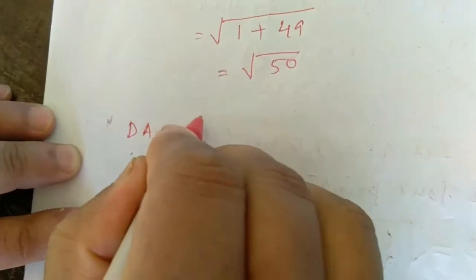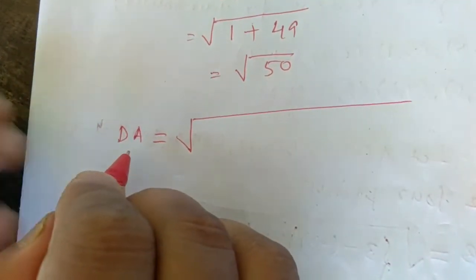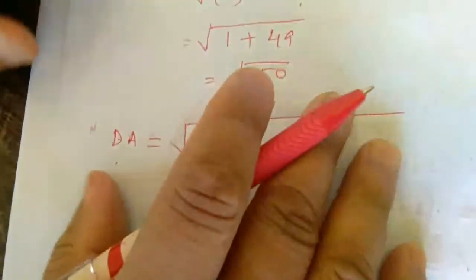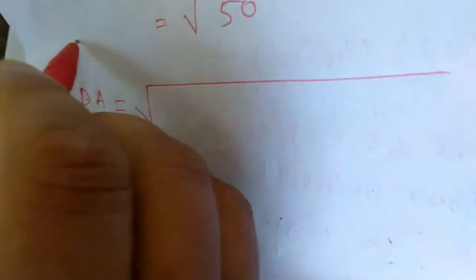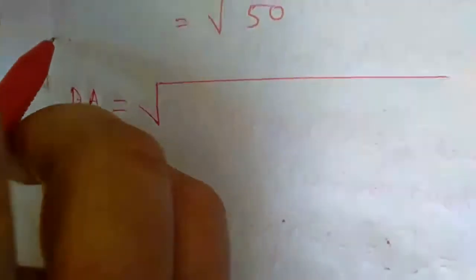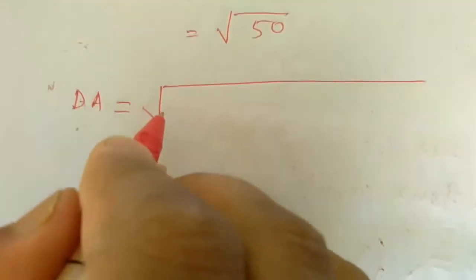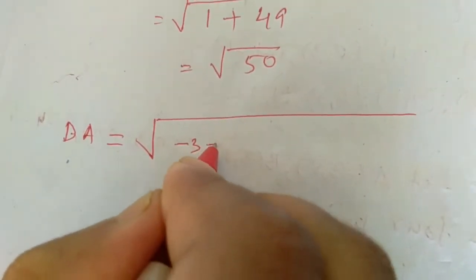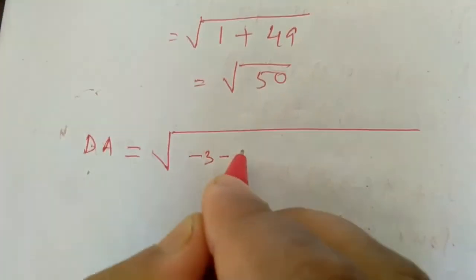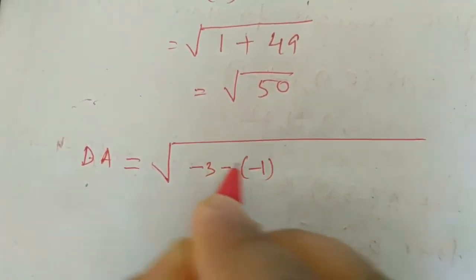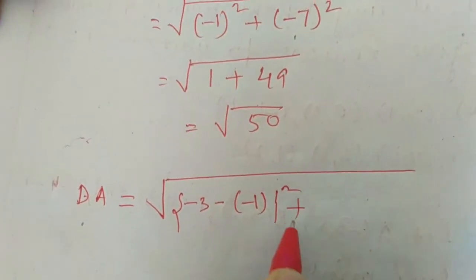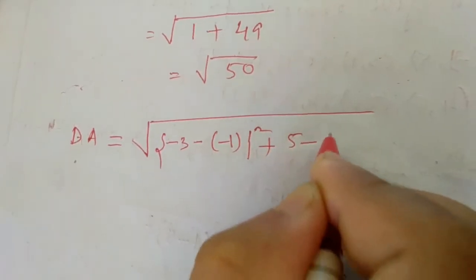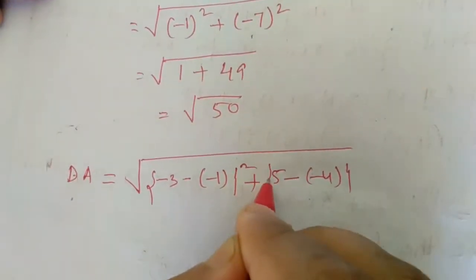Okay, same formula, compare D and A. The coordinate of A will be your x2 y2 and D will be your x1 y1. Alright, so here x2 means minus 3, x2 minus x1 means minus 1 whole square plus y2 means 5 minus y1 means minus 4 whole square.